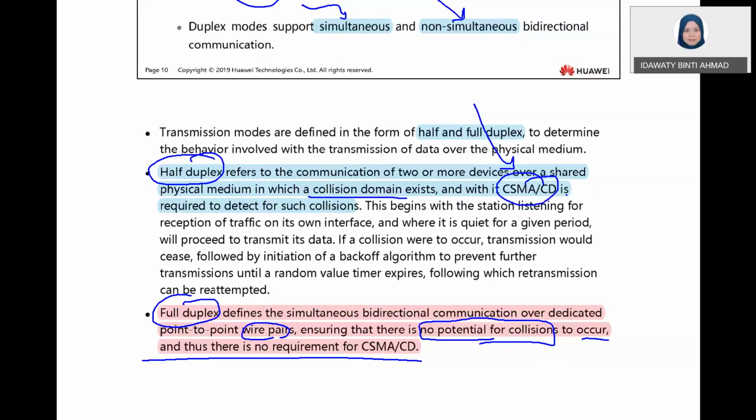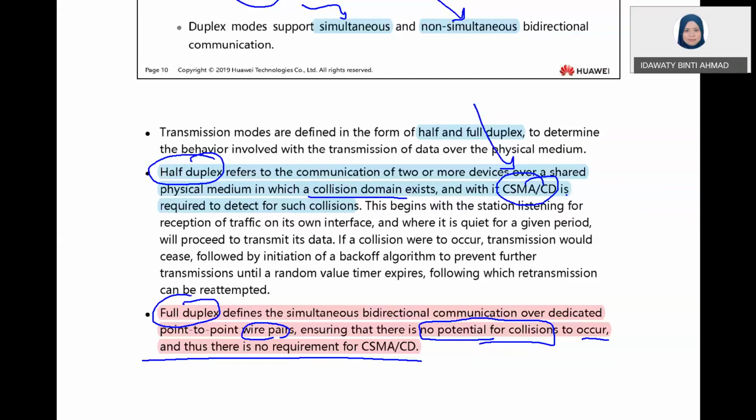If the receiving signal is idle, it's okay, then you send it. But if it's busy, you must try to access again after some time.